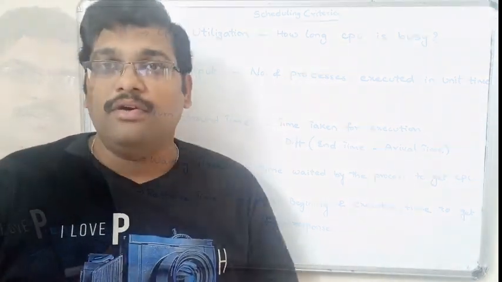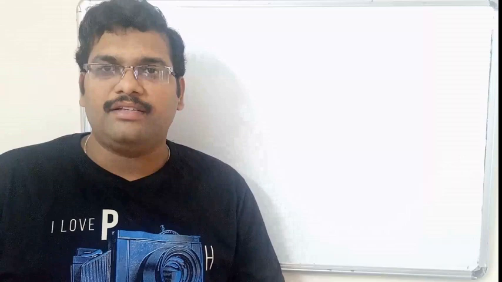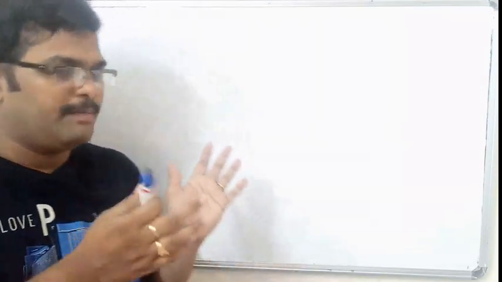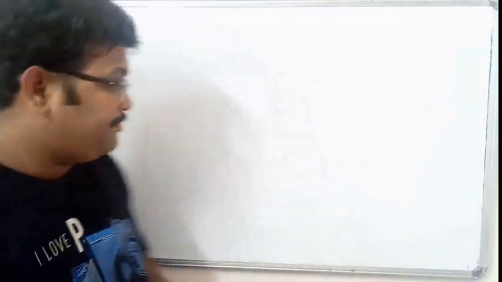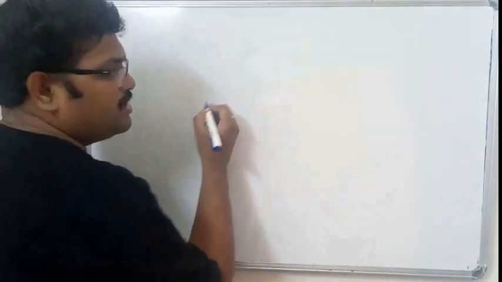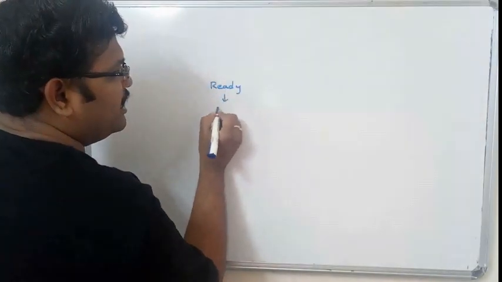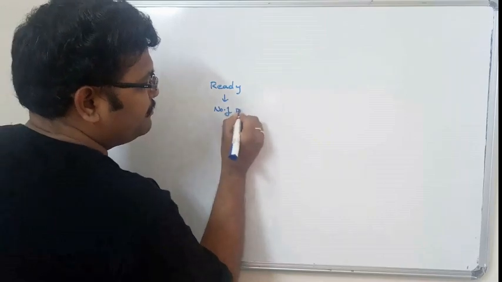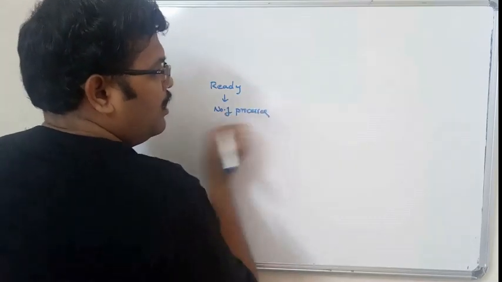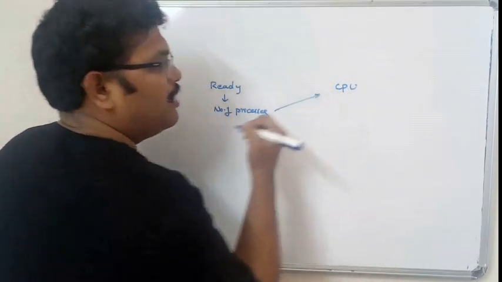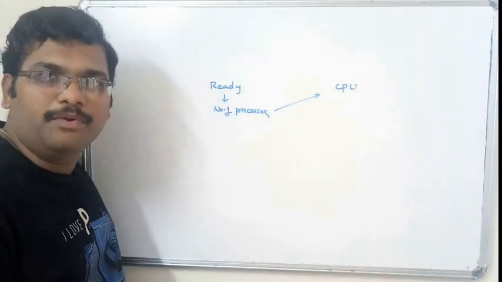Right. Now we will see the different scheduling algorithms to schedule the process, that means to move the process from the ready state to the running state. As we have discussed earlier, there is a ready state which contains a number of processes, and at a time only one process can be allocated to the CPU.